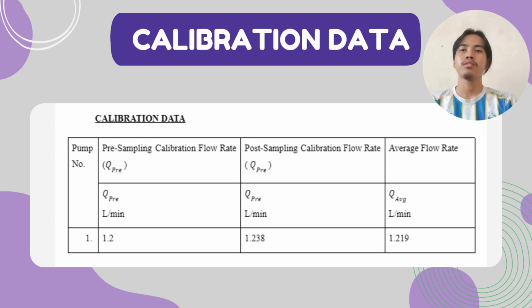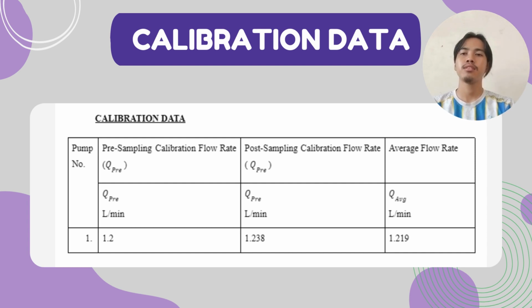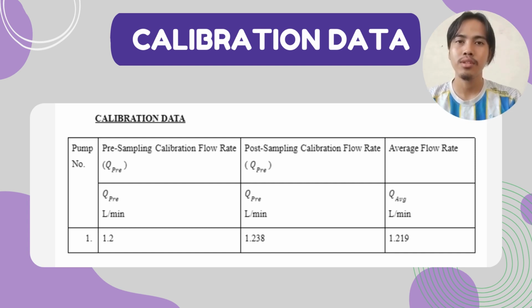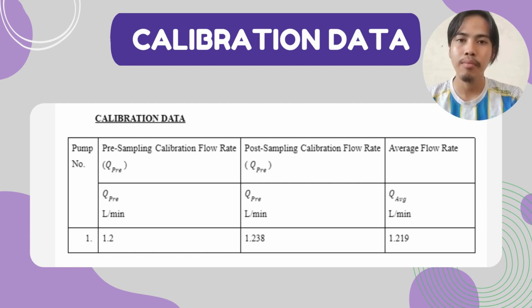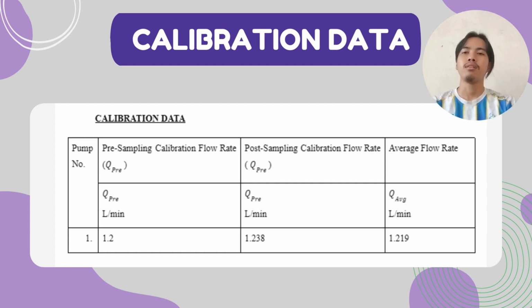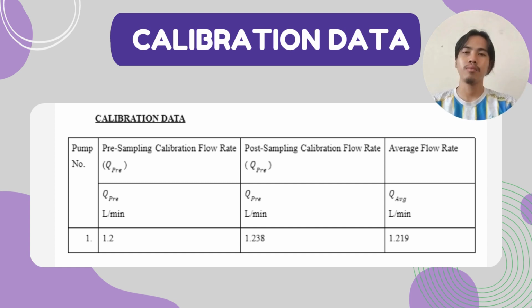Alright, next we go to the calibration data. Okay, during our assessment, we used only one pump, and we set the flow rate at 1.2 liters per minute.